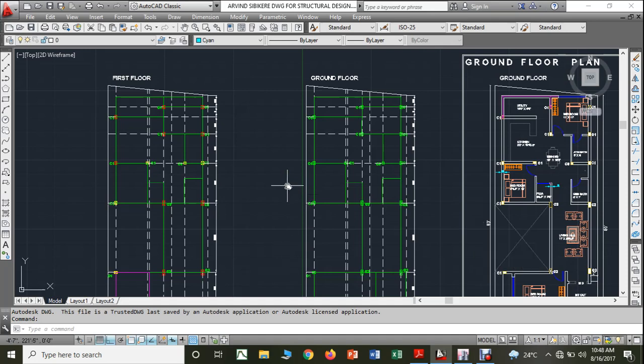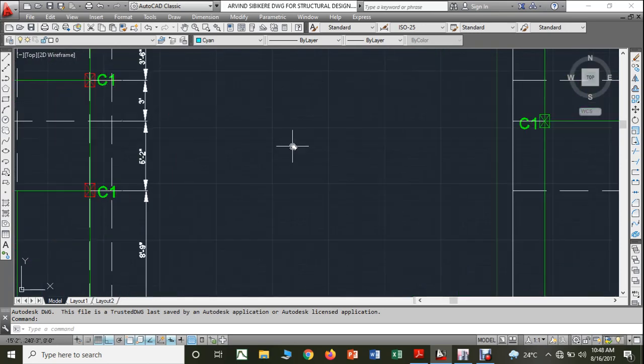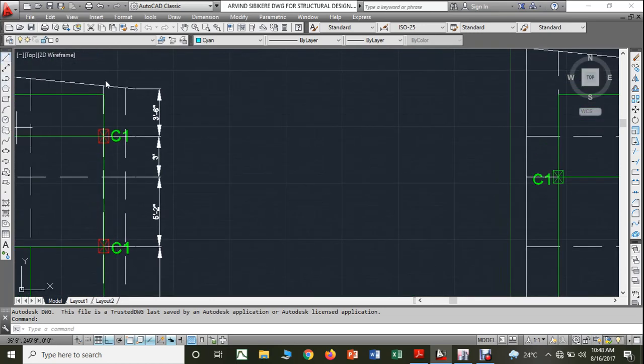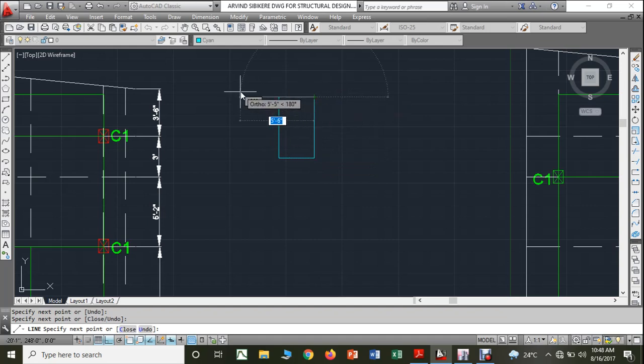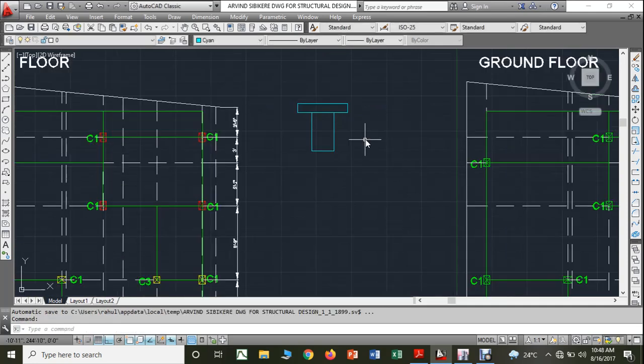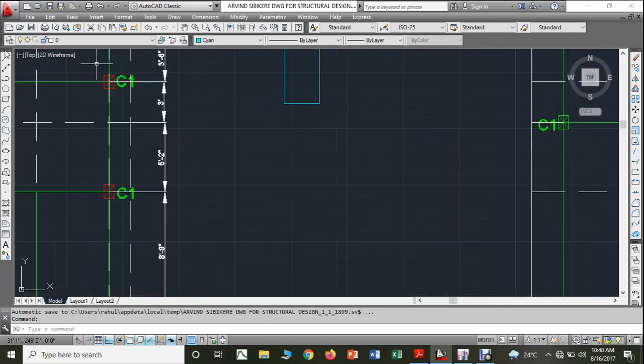For example, if I want to show it in plan, let us assume this is my beam. Definitely this will be your slab like this. I'm just drawing the cross section. Below this there will be a wall.